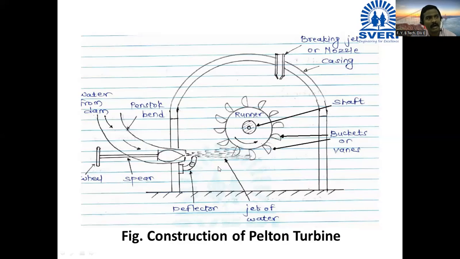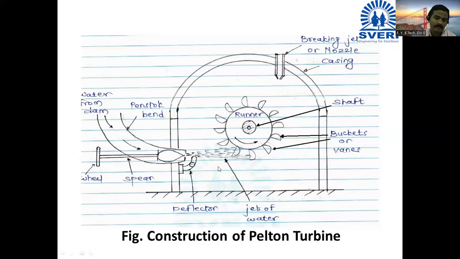When you have to generate high power and the head is high, we select the Pelton turbine only. Whatever the quantity of water is available in abundance, and at the same time your demand for generating electricity is more, preferably everybody goes for the Pelton turbine only.